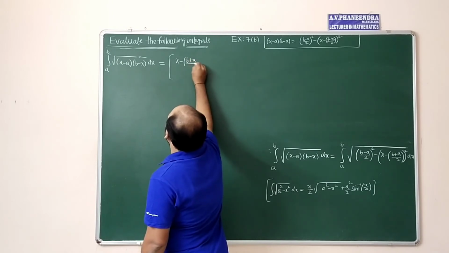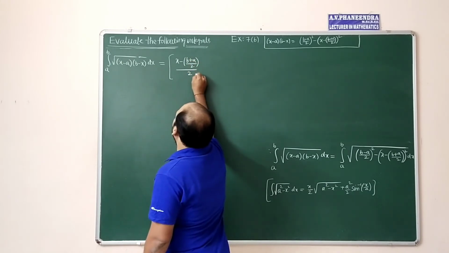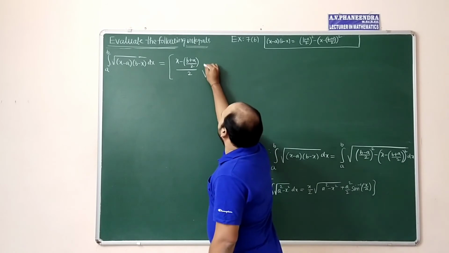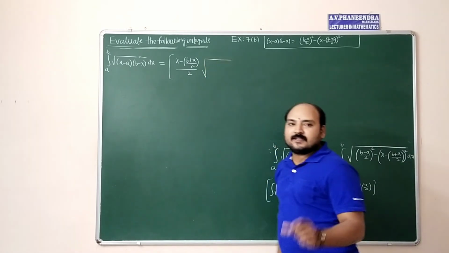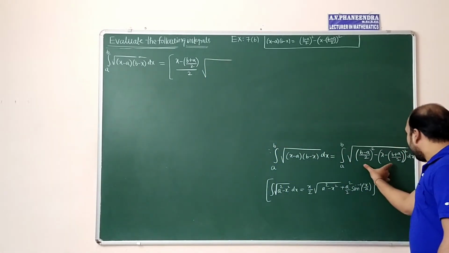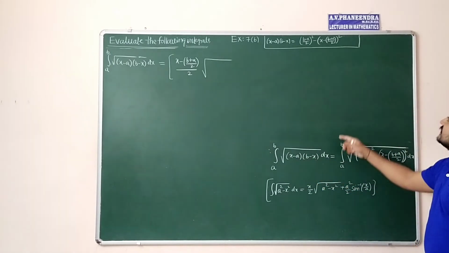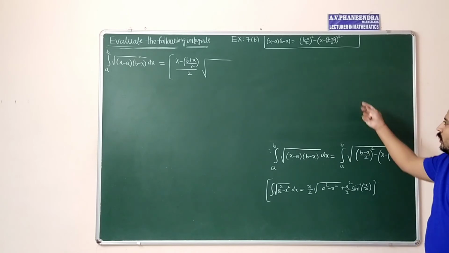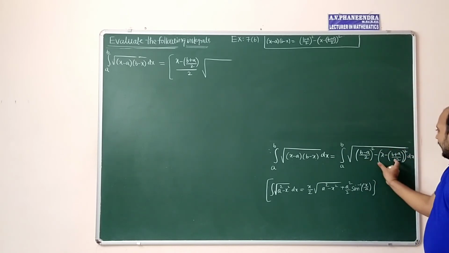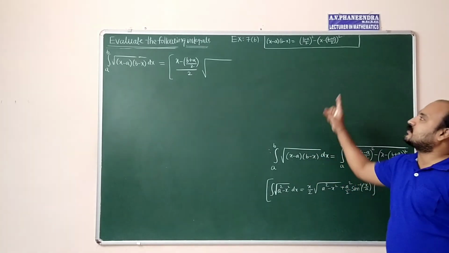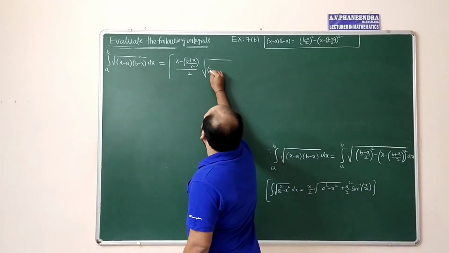Anyway it is by 2, x by 2 is over. Square root of a square minus x square. So this value is equal to this one, you know, (x minus a) into (b minus x) is equal to, I wrote already there. So root of a square minus x square, this value is equal to (x minus a) into (b minus x). We can write it as here.